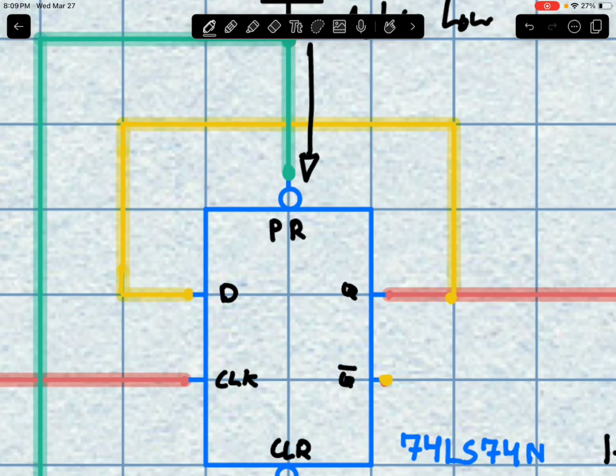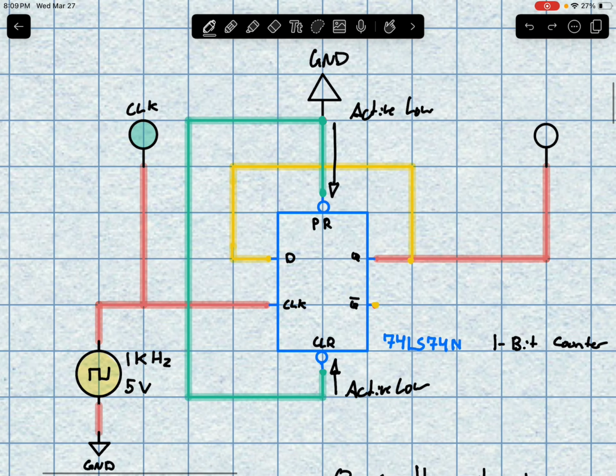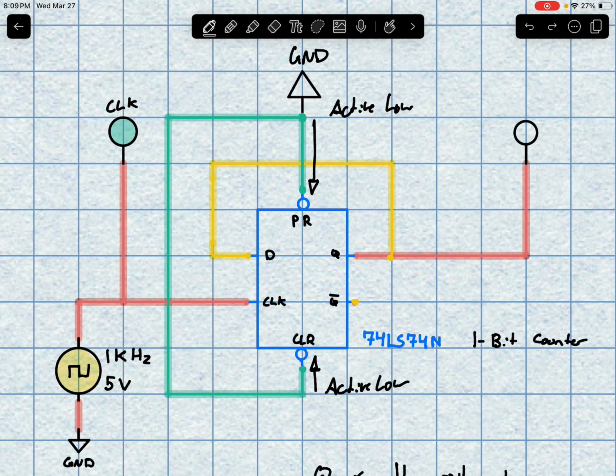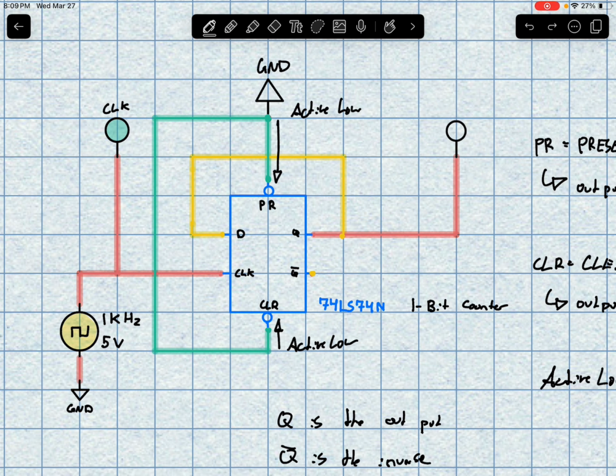And this is denoted by the circle here and here. Whenever there's a circle on an input, it means it's active low. So suddenly, you're overriding the output to be both 1 and 0.